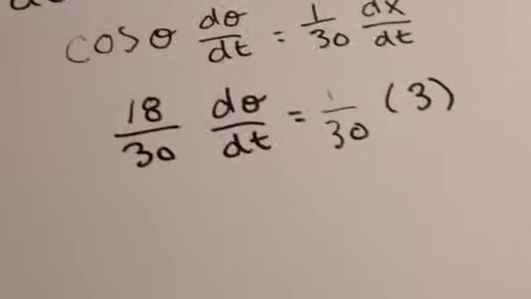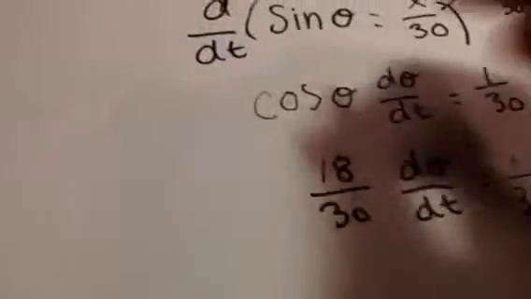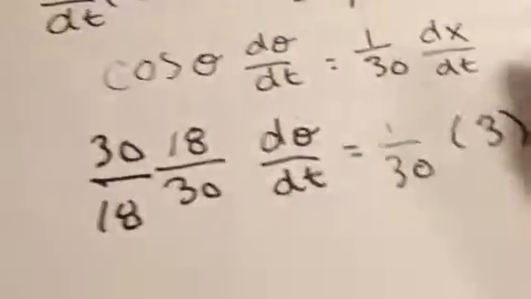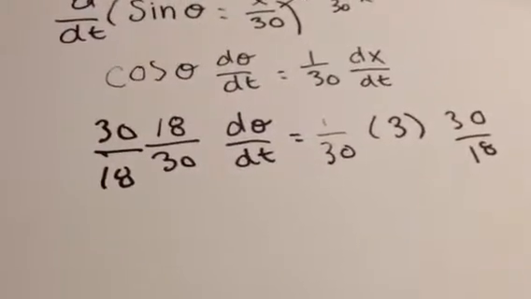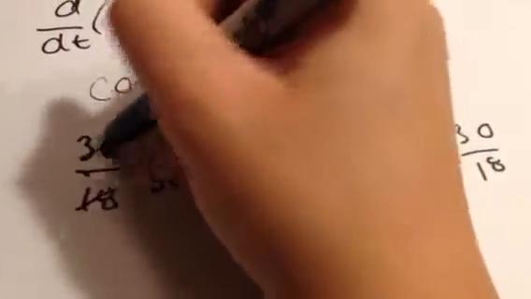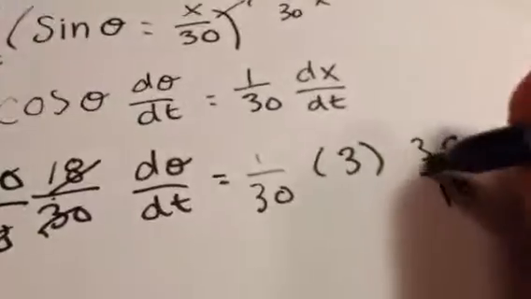So 3 feet per second. Now how do we want to solve this? Oh, I don't know, let's multiply by 30 over 18. Look at that. Things cancel. So 18, 30, 30. That leaves d theta/dt all by itself.